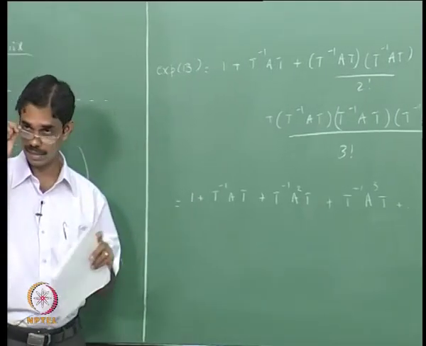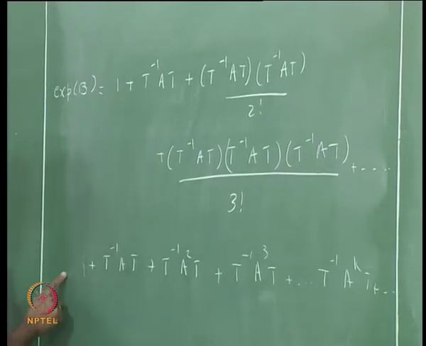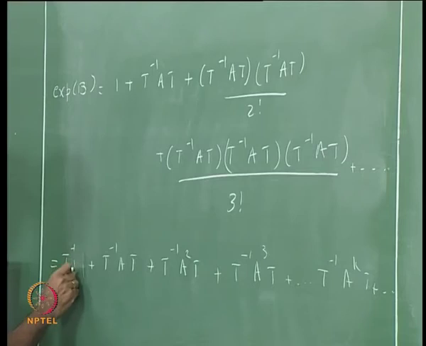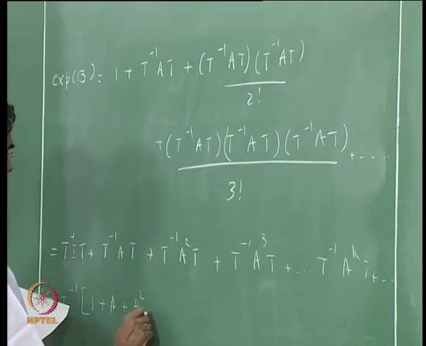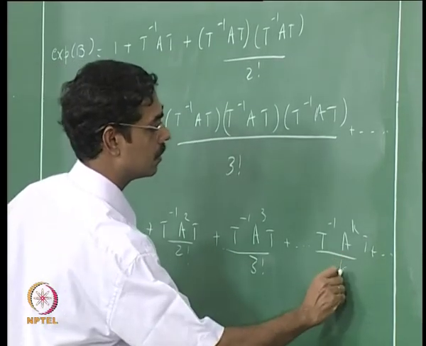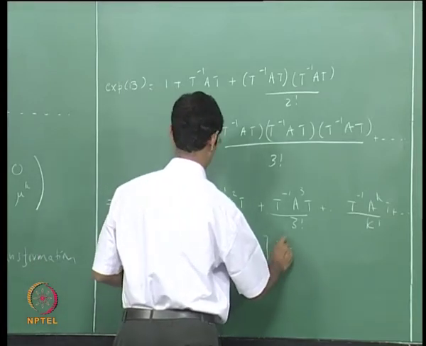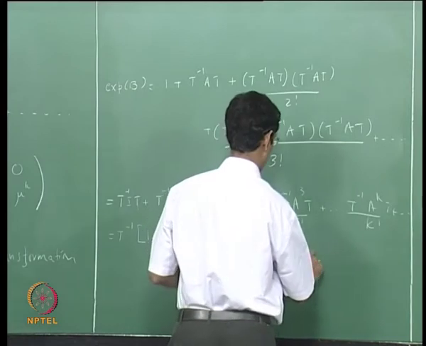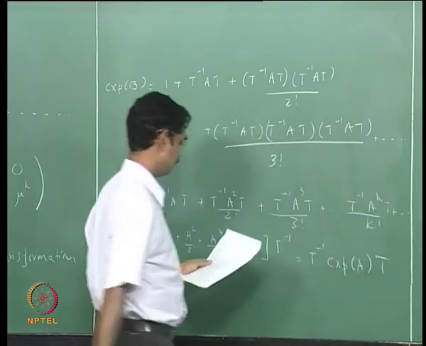One can be written as T inverse I T, where I is the identity. So this can be recast as T inverse times 1 plus A plus A squared over 2 factorial plus A cubed over 3 factorial, times T. So this would be equal to T inverse e power A times T.